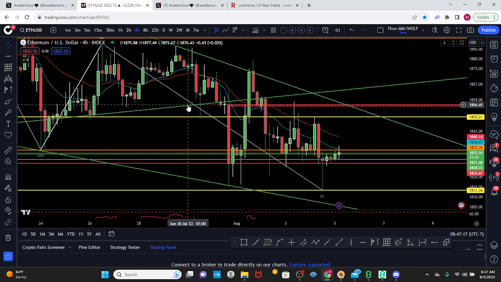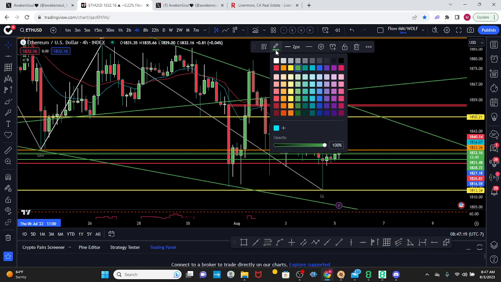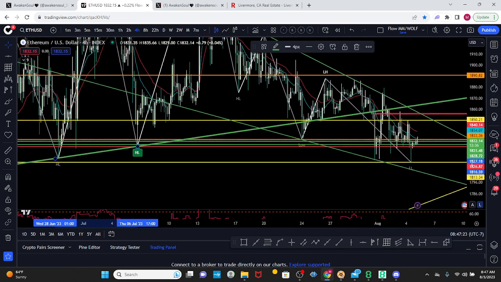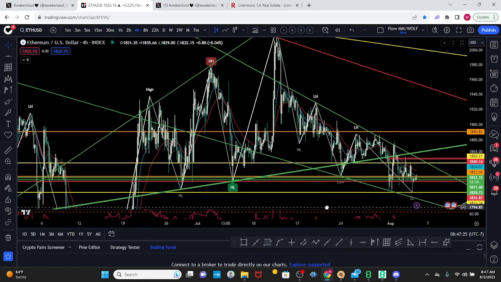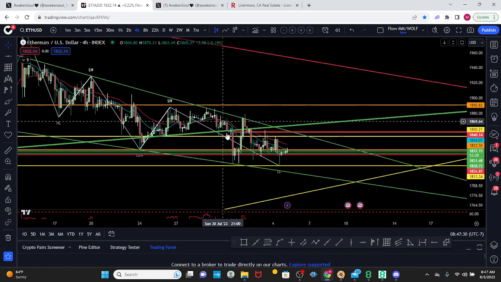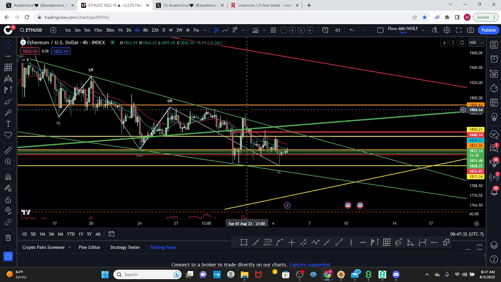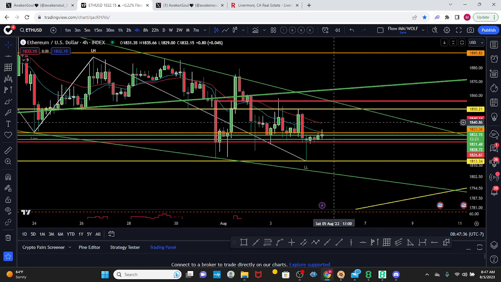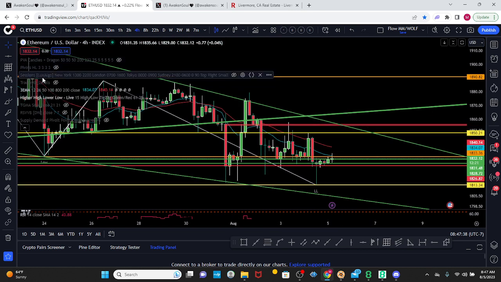So what I like about this trend line, this megaphone support, is that we did have the retest. That's big because sometimes you don't have the retest. So we broke down, we retested, and we came back down. So that's giving me confirmation of a downtrend.